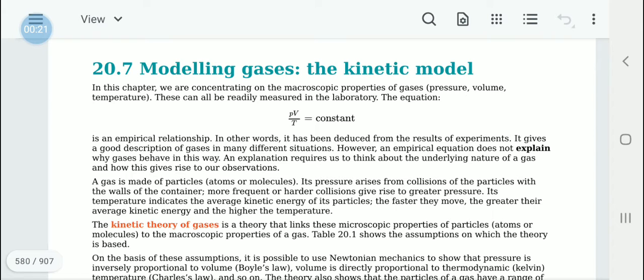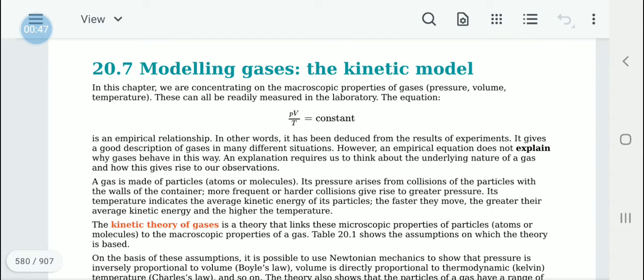Here we deal with macroscopic properties, that is the properties that do not require us to go into the microscopic models, but give out some measurable values, for example pressure, volume and temperature.